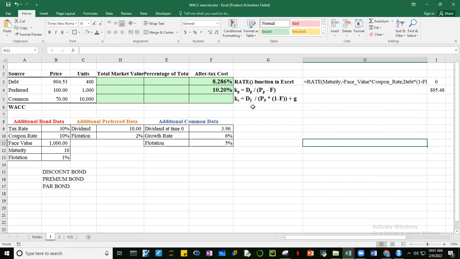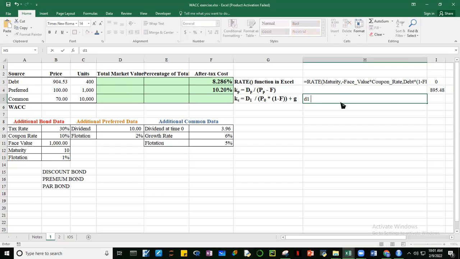So the cost of common stock is equal to the dividend at the next period, D1. So this is not D0. D1, dividend after one period.